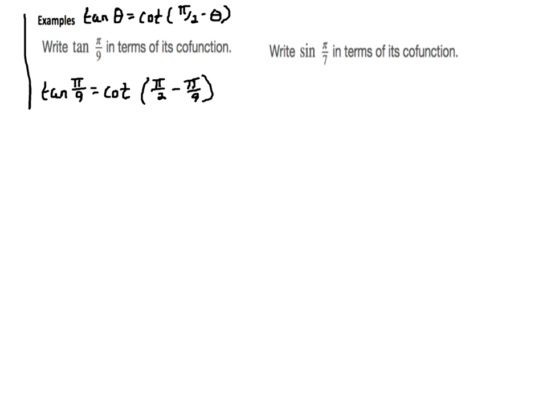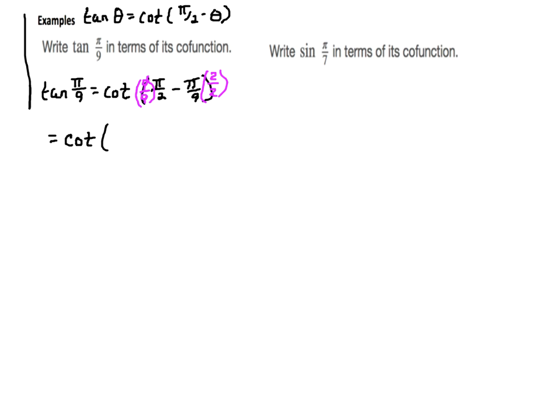So the tangent of pi over 9 is the same exact thing as the cotangent of pi over 2 minus pi over 9. I need to get a common denominator to be able to combine those fractions. So I'm going to multiply by 1 in the form of 9 over 9 there, and by 2 over 2 here, to get 18 in my denominator.